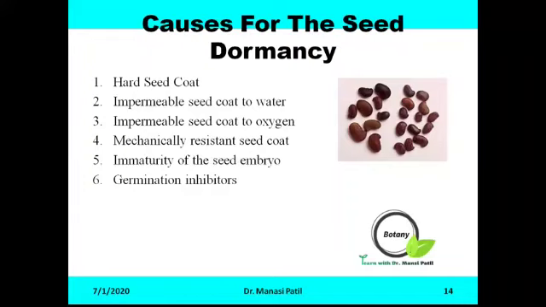Next cause, that is the immaturity of seed embryo. This cause is also known as physiologically immature embryo.